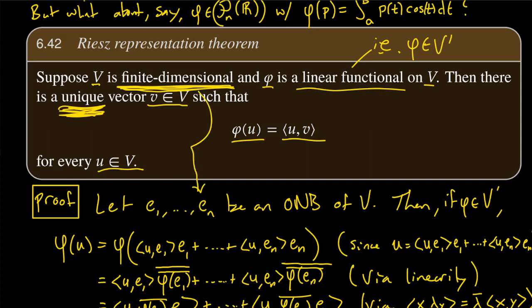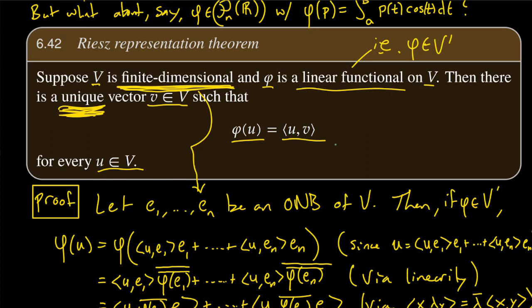Otherwise, we don't have a basis and this whole trick falls apart. So for V a finite dimensional inner product space, every linear functional on V is an inner product with a fixed element. That's what I'm trying to say.